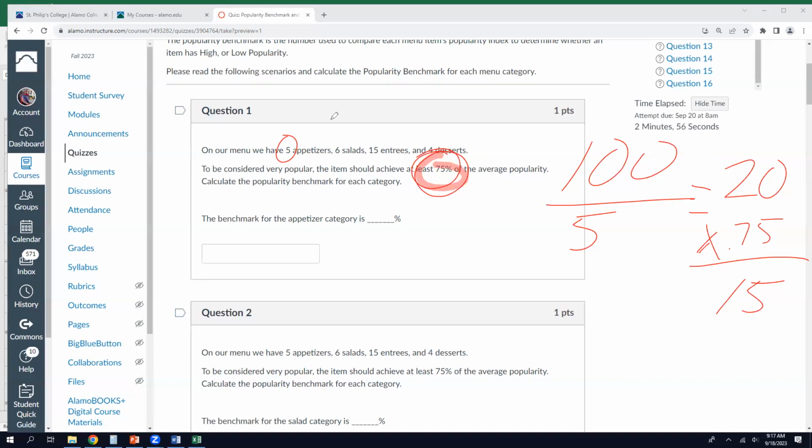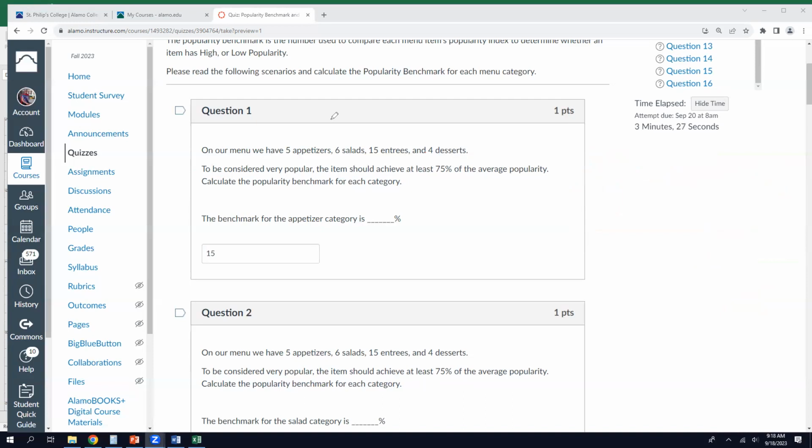Okay. 20 times 0.75 is 15. So my answer is 15%. That is my benchmark for the appetizers. I have 5 appetizers, so I'm going to take 100 divided by 5 and then multiply that number by 0.75. Okay. Questions, comments, concerns about that?